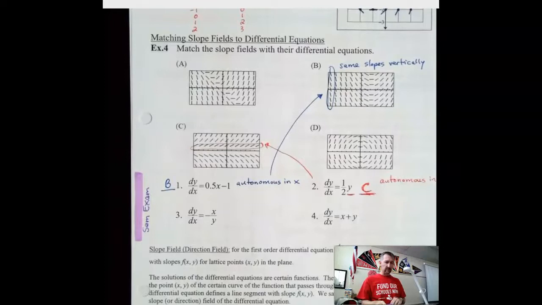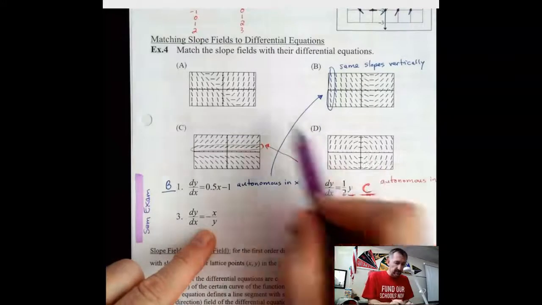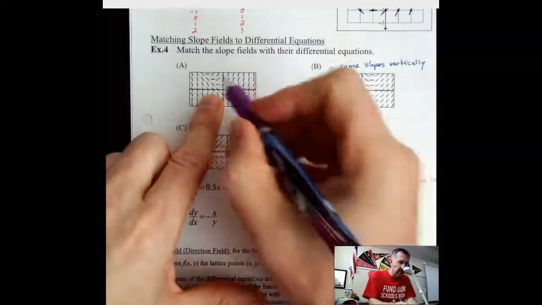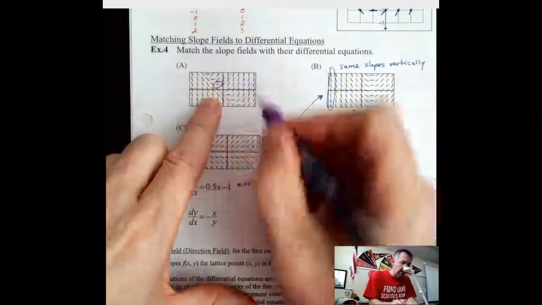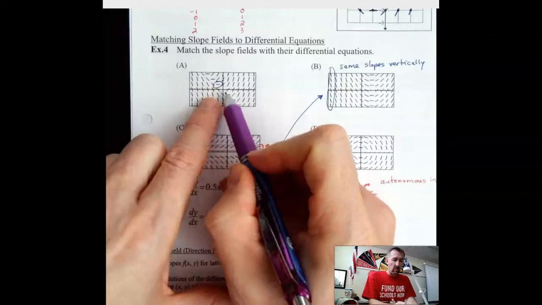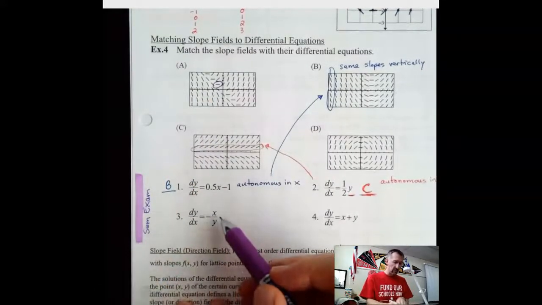Now, for these other two, I just start looking at points and see what happens. So I've got these two left to choose from. I can look and try to see, is there a difference? So here at -1, 1, I can see the slope is 0. -1, 1, the slope should be 0. So if I come down here and I plug in -1, 1, I don't get 0.